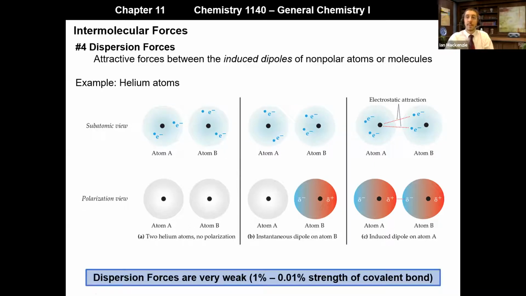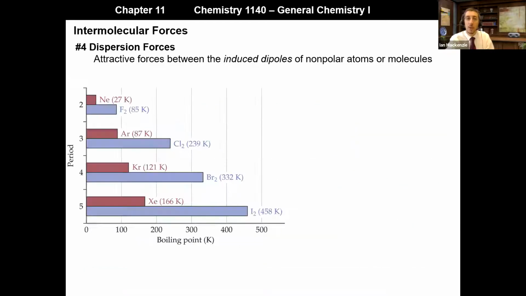Now, not surprisingly, this type of induced dipole is not a very strong force. So dispersion forces are very weak, generally 1% to 0.001% or 0.01% of the strength of a covalent bond. There's a few features with them that we should go through. So one thing to note with these induced dipoles is we look just at the noble gases.